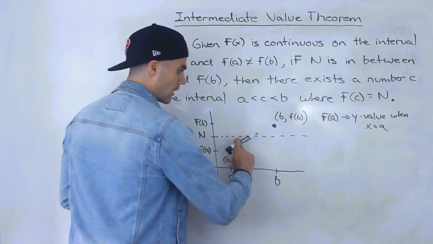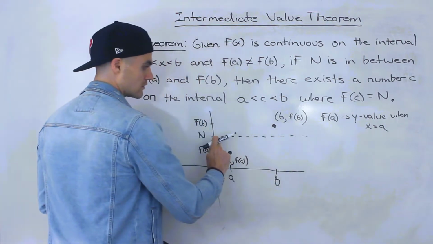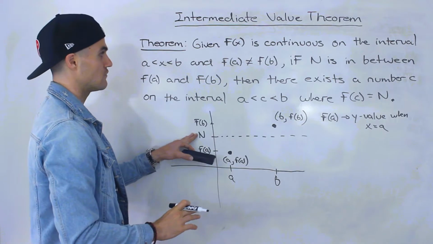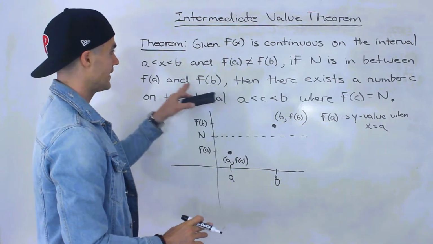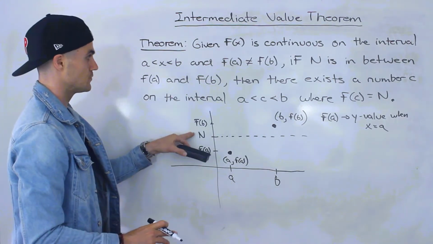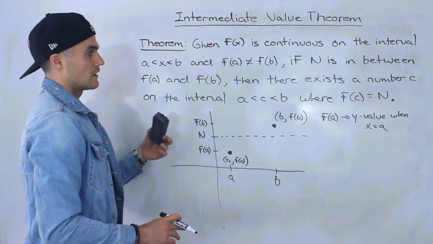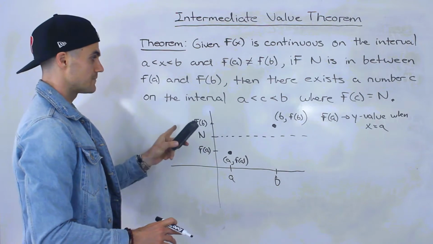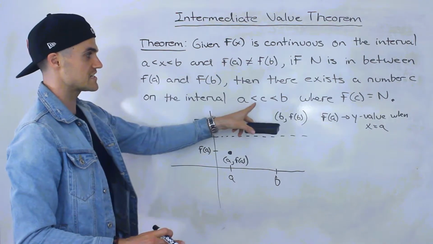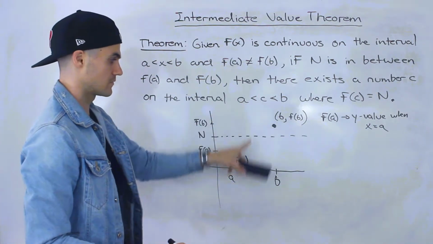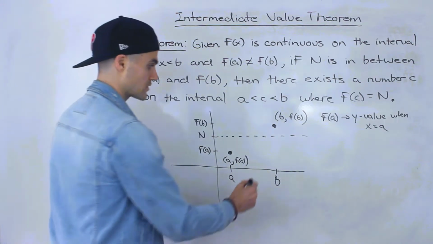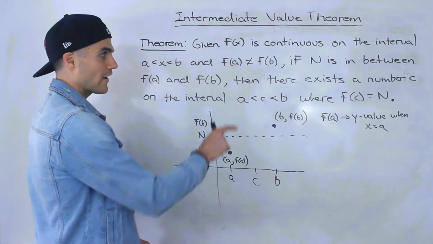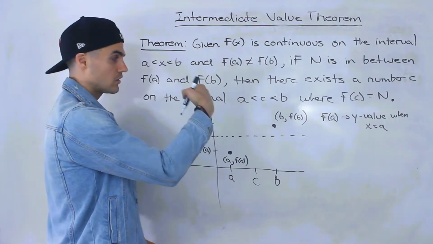So throughout this horizontal line here, that's always going to have a y value of n. So n is between f of a and f of b, which we just drew. What that means is that there exists a number c on the interval where c is between a and b. So a and b, so there's going to be some kind of number c where f of c is going to equal n.